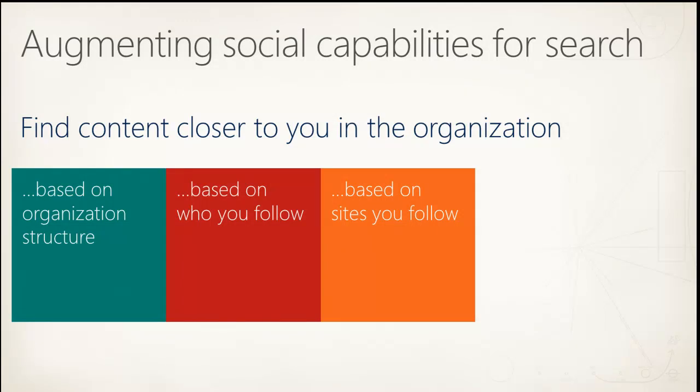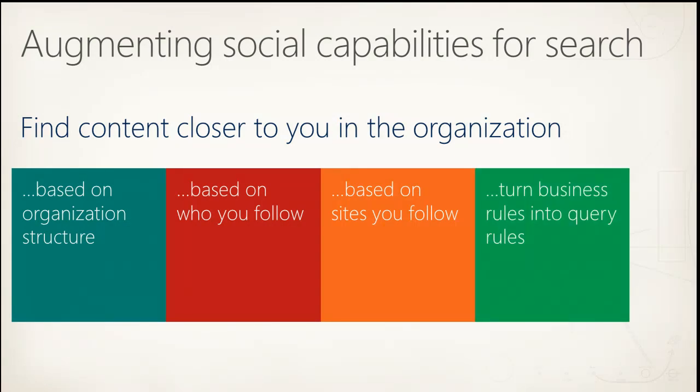So for any of you doing social, if you put in a feature where you automatically follow all your colleagues in the same department, don't do it. Let people follow who they want to follow themselves. If not, you're going to break the social thing. Let people follow who they think is the most important. So it's basically turning business rules into query rules once again. What's the use case? What's the user scenario? How are you actually going to do this on your content?